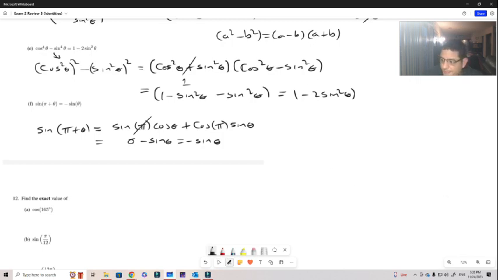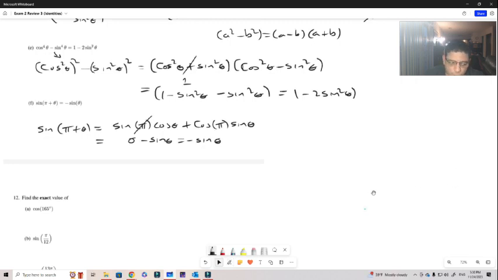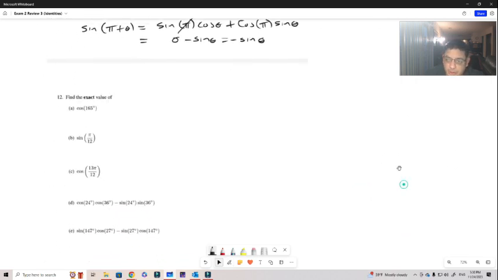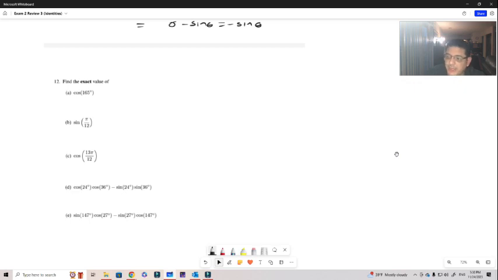Now on the next exercise, we are going to use special angles. So these are some of the angles that you should probably have memorized or have the main values of in your unit circle. So cosine of 165 is not something that you can find out very easily, but you can see this as the cosine of the sum of two special angles.